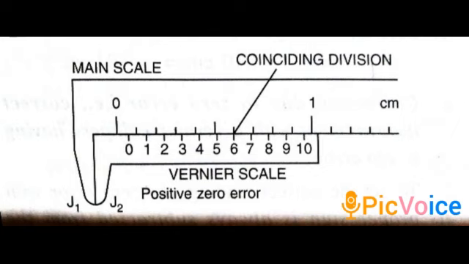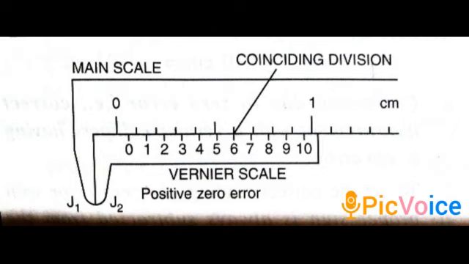Now what to do in this case? When we measure the length, whatever measurement we get is not correct. We have to give certain treatment to it, certain adjustments are to be done so that this can be corrected. First of all, we came to know that there is a positive zero error.